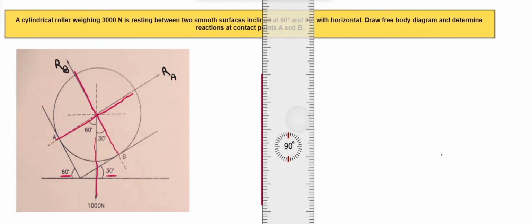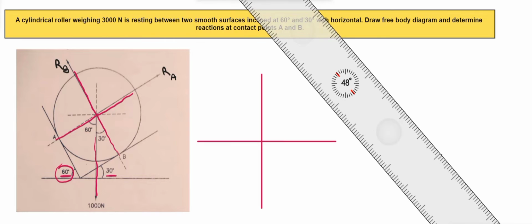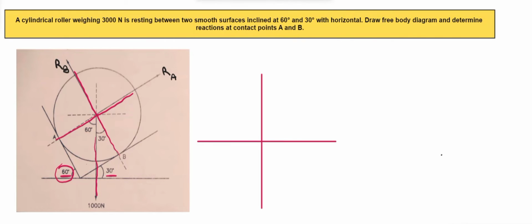Draw a horizontal and a vertical line. As given in the diagram, one surface is inclined at an angle of 60 degree and the other surface is inclined at an angle of 30 degree, which means that in between this angle will be 30 degree and this will be 60 degree.